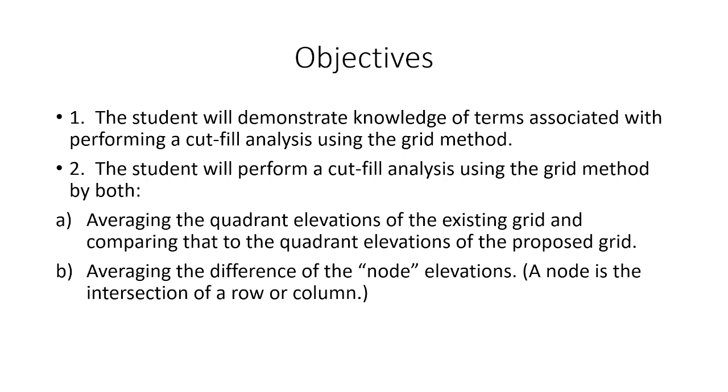We will figure out the proposed elevation at these corners, and we will calculate, or interpolate, which is another word. It's kind of like a guesstimation, because contours, existing and proposed, are not always right there on these nodes, on these corners.